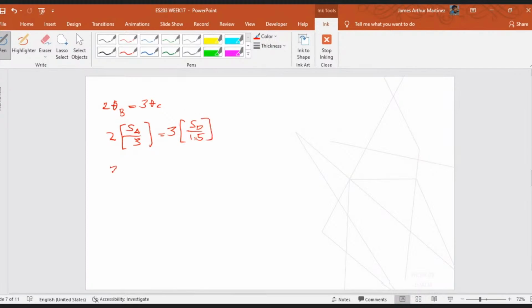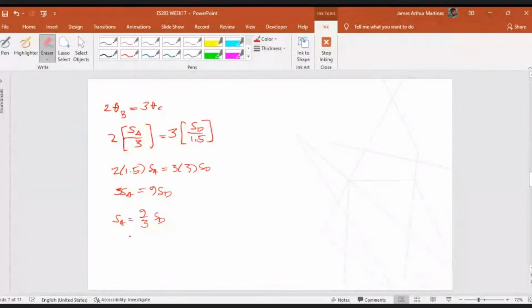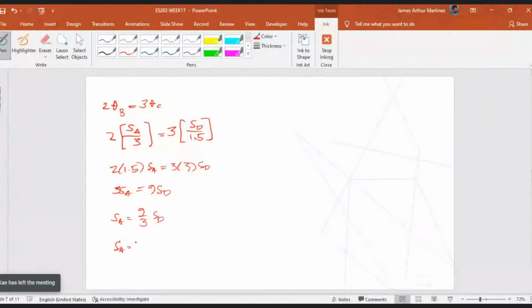By cross multiplication, we have 2 times 1.5 SA is equal to 3 times 3 SD. So 1.5 times 2 is 3, equal to 9 SD. Therefore, SA is 9 over 3 of SD, or 3. SA is 3 times SD.